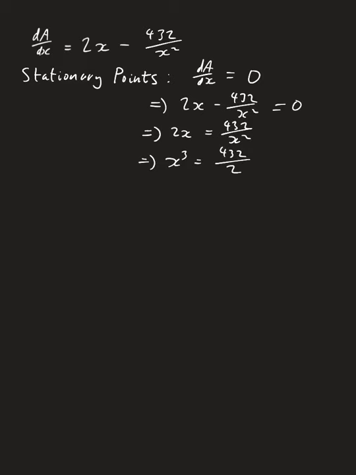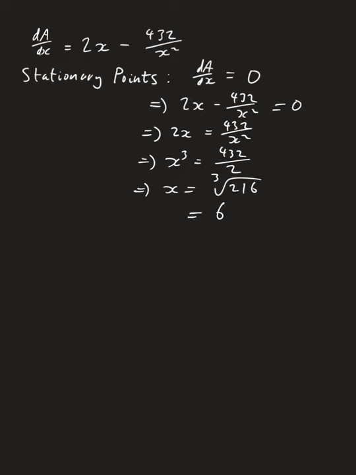So I brought that x squared up on the left and put that 2 down on the right. So that means that x is equal to the cube root of 216, and that works out very nicely to be 6. So my stationary point is at x equal to 6. Hopefully now we'll find that that is a minimum.